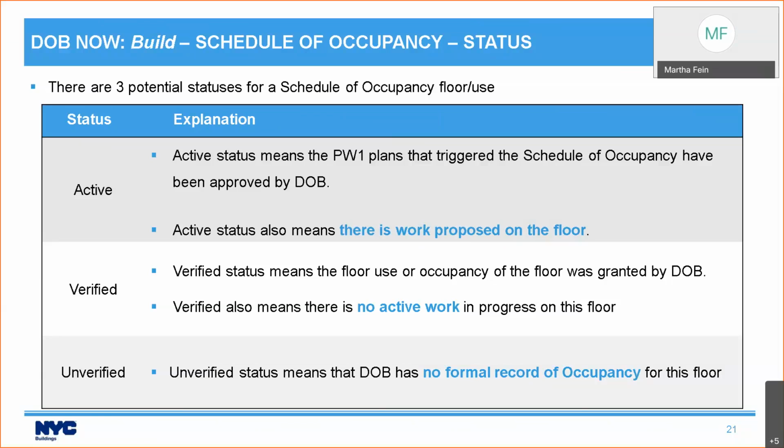Well, let's say my colleague Abhishek gets a later request and he's doing work on floors 4 and 5. When he comes in to request his schedule of occupancy, all of the information I put into my schedule of occupancy that's already approved will show up on his schedule of occupancy. It'll be populated on his job level schedule of occupancy from the bin level schedule of occupancy.